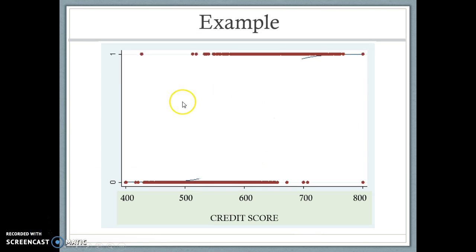Going back to this table, the reason that these don't fit a linear relationship is because we're talking about probability. We're talking about odds. We're not talking about a continuous outcome.